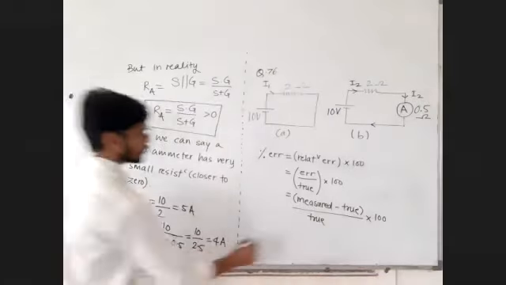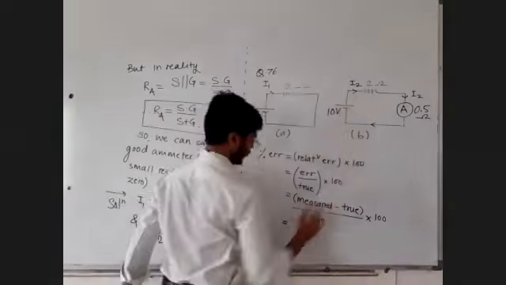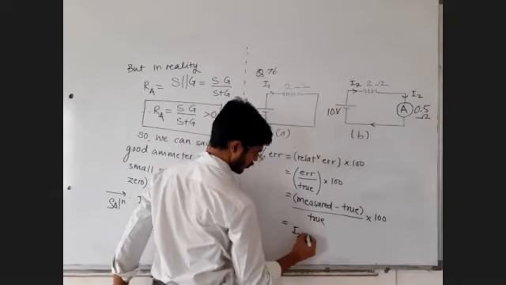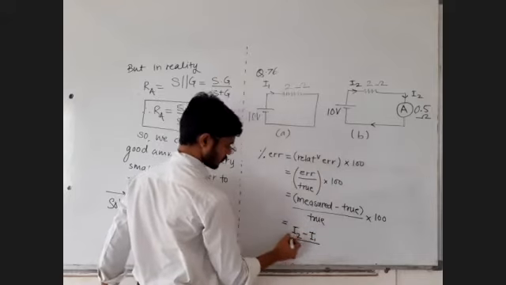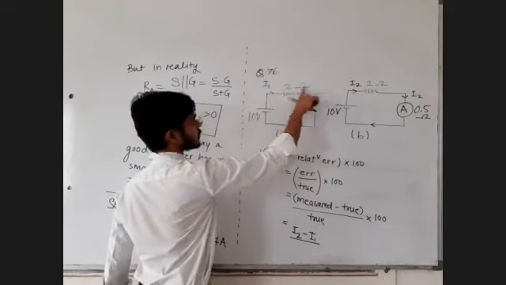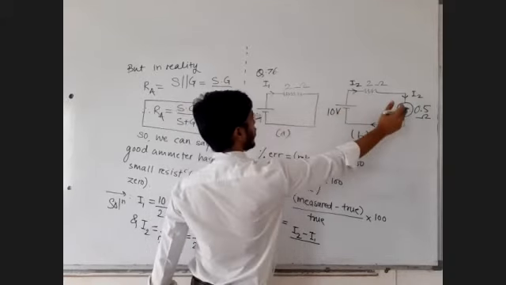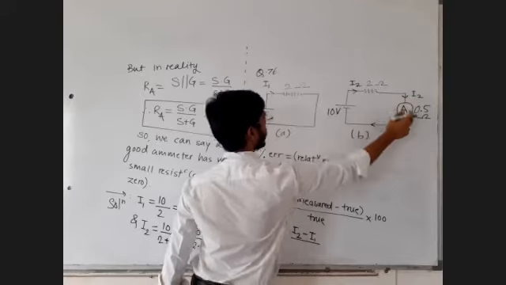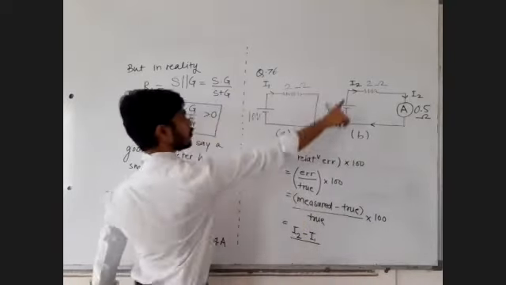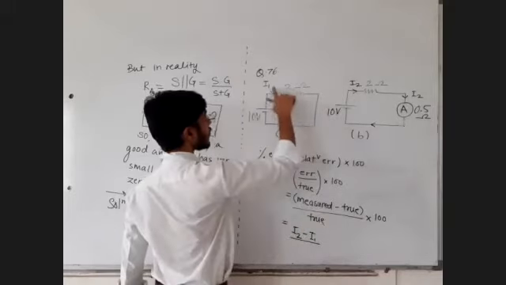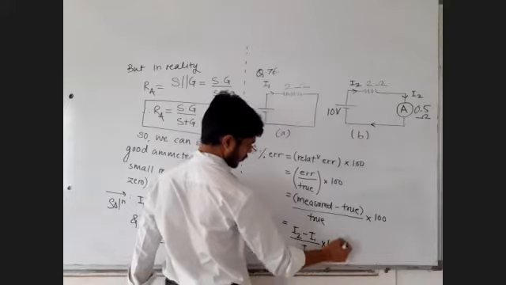Fine. So what is the measured value? The ammeter measured value is I2. The true value was I1 in the same circuit: 10 volt battery, 2 ohm resistance. The entire circuit is the same. Only for the measurement purpose, you put the ammeter here. Measured value minus true value, divided by true value, into 100.